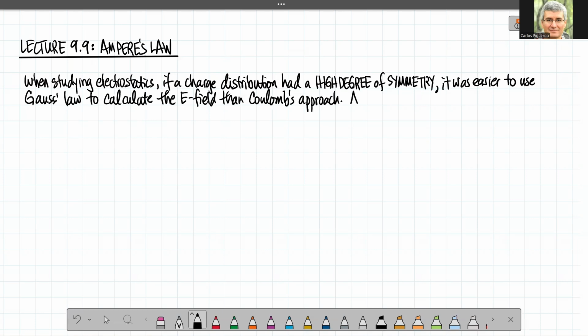A similar situation arises in magnetostatics.